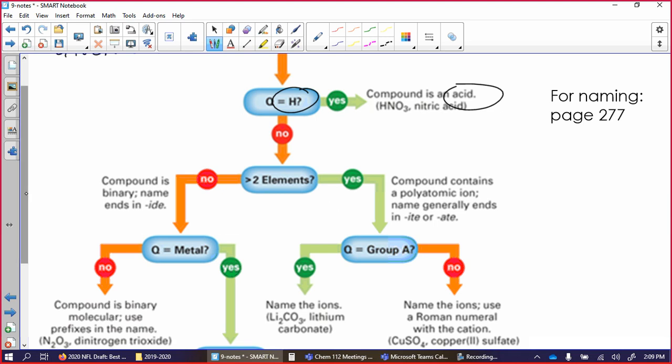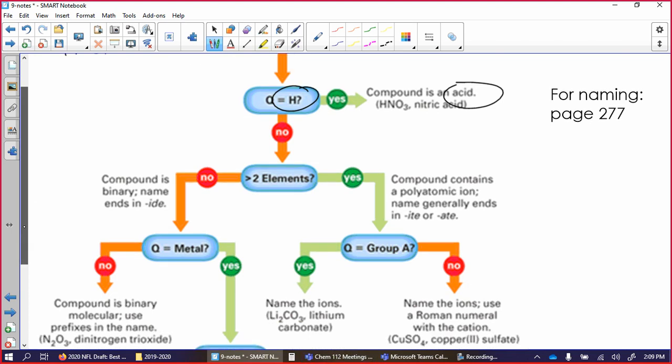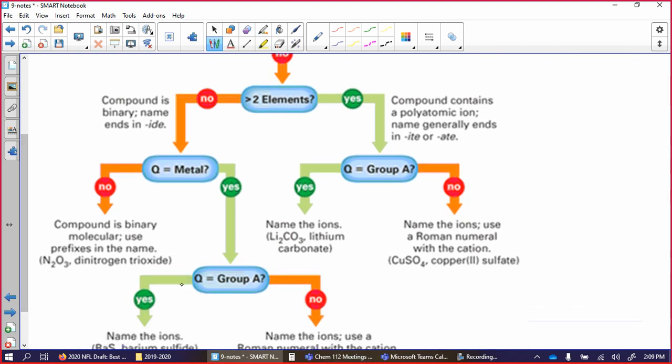And the naming one is the tricky one. This is kind of polyatomic ion. It's going to be a metal, whether it's a regular one or a transition metal. These two branches fundamentally are similar.